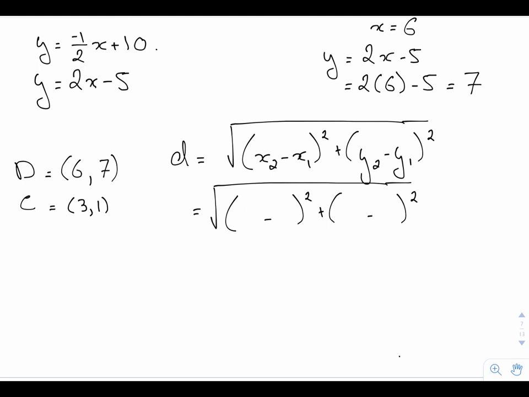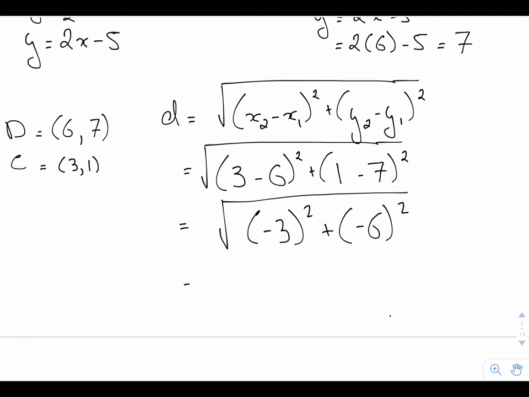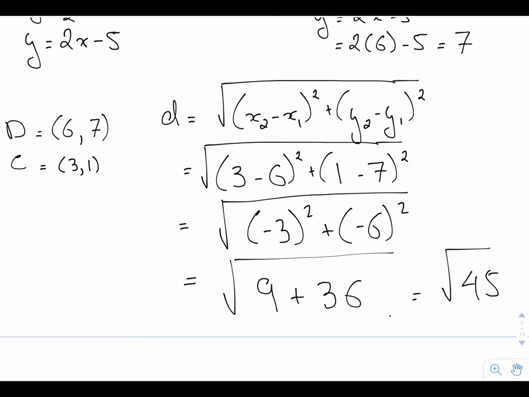Let me put the x's first: 3 minus 6 and 1 minus 7. This leaves me with 3 minus 6 is negative 3 squared plus negative 6 squared. Under the square root, that gives me 9 plus 36, which is the square root of 45.